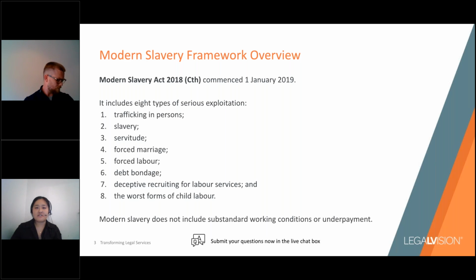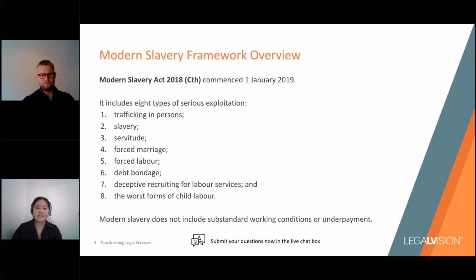But by and large, this regime is seeking to encourage big organisations with ample resources to take the lead in the business sector and seeks to establish a continuous year-on-year improvement regime to really tackle the issue of modern slavery within Australian businesses.